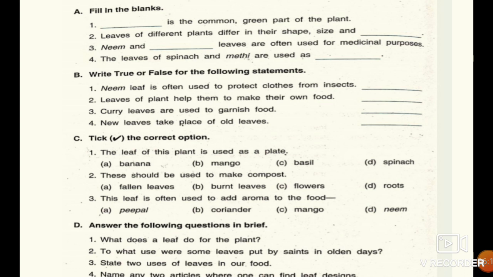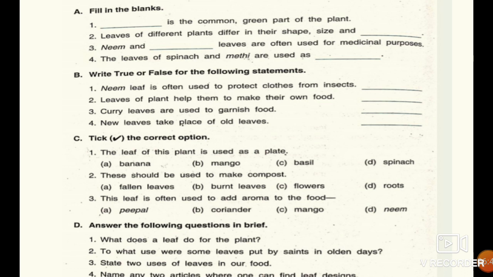This is your revision class and again we are providing you answers of all these objective questions as well as the answer the following questions. So note it down please, and the children who had not done these exercises before, this is very useful and important for them also.